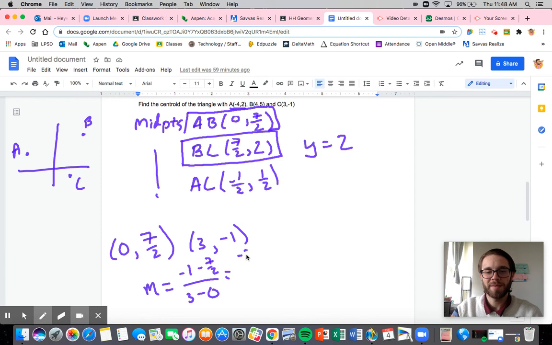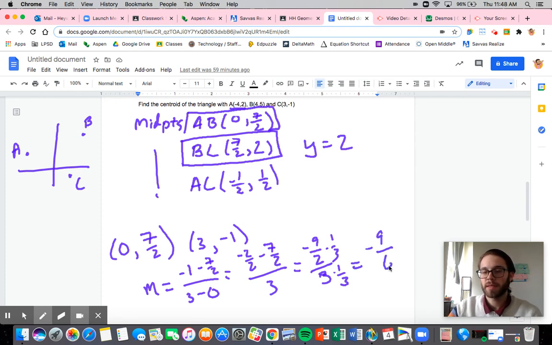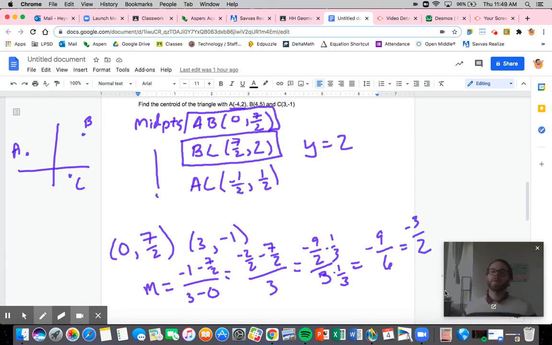So this is -2 over 2 minus 7/2 over 3, which is -9/2 over 3. I'm going to simplify this. I don't like having a fraction over a fraction. So negative 9 over 6 is just negative 3 halves. So this is negative 3 halves as my slope.